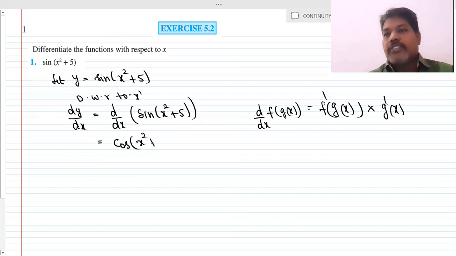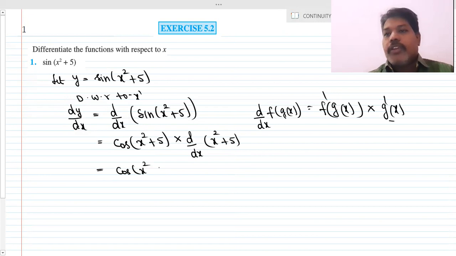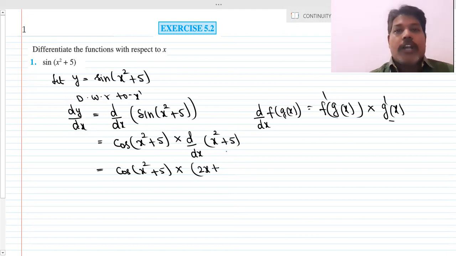So you will get cos of x square plus 5 into g dash of x, where g is x square plus 5. So I will take the derivative of x square plus 5. It becomes cos of x square plus 5 into the derivative of x square, which is 2x, plus the derivative of the constant, which is 0.